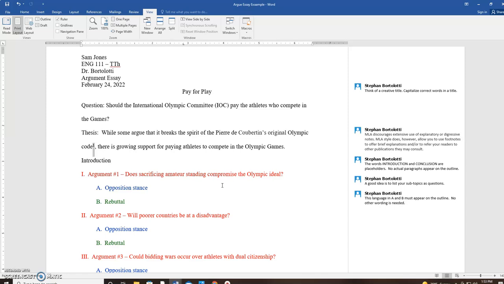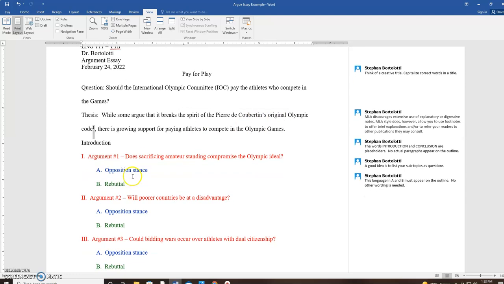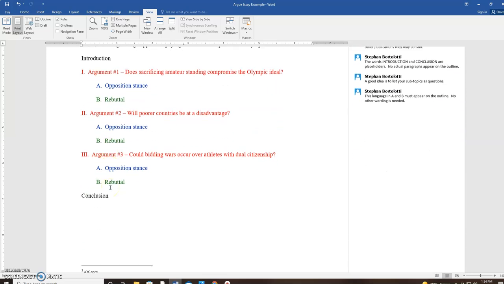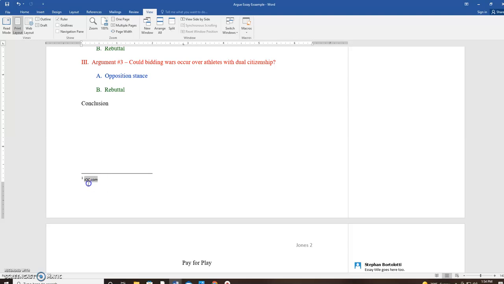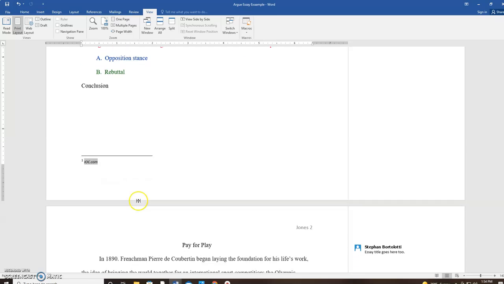And you don't want to use a lot of your space in the essay to do so. So the MLA encourages you to use footnotes instead. And this particular footnote gives where to read more information about the Olympic Code. You can go to the IOC.com if you want to read more about the Olympic Code.